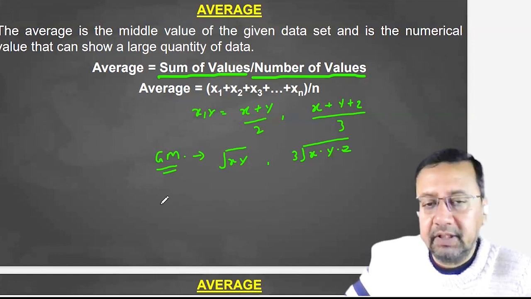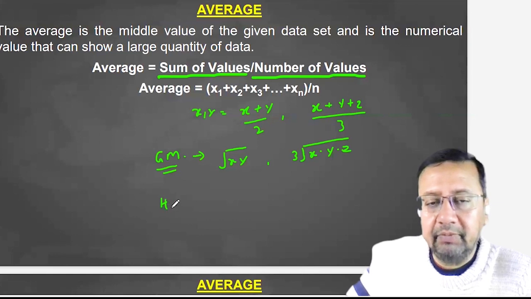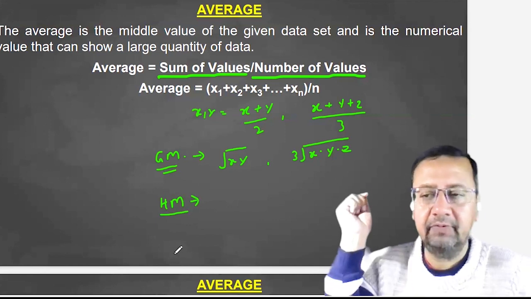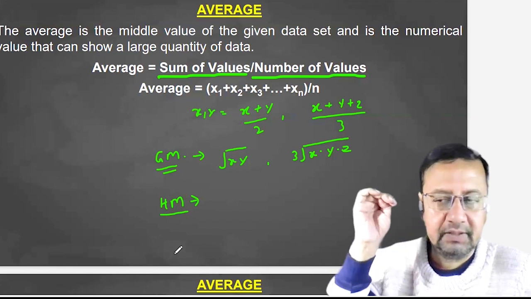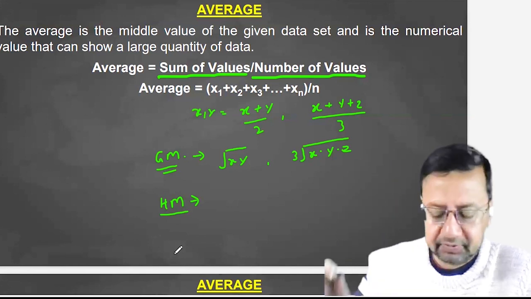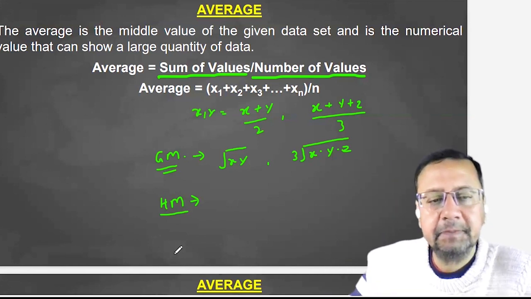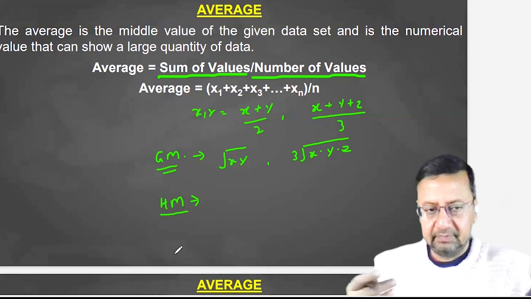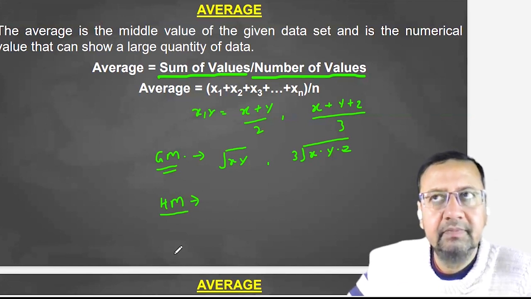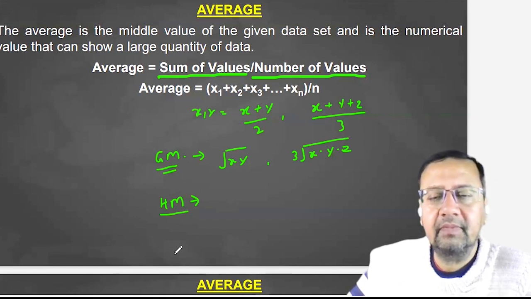And the third one is the harmonic mean or harmonic average. Can anyone define what this harmonic mean is? I suppose you have heard this term from your old schooling days. It's the total count of values divided by the sum of reciprocals of each of the values.